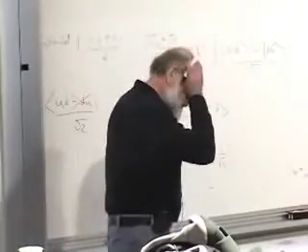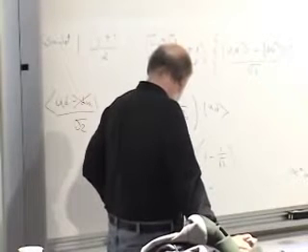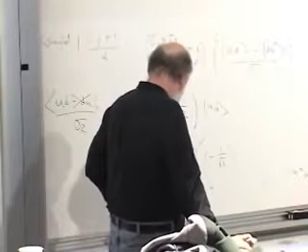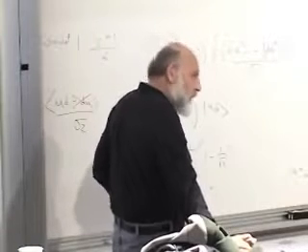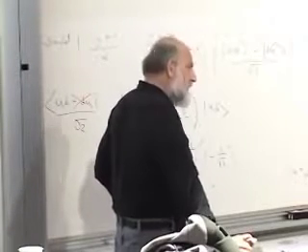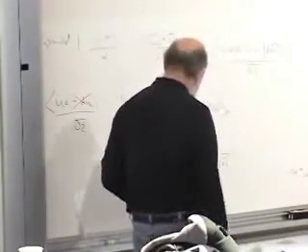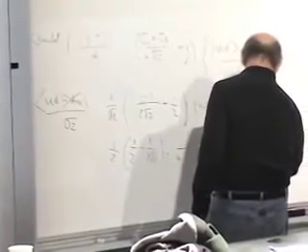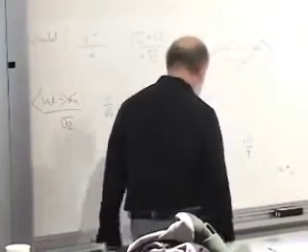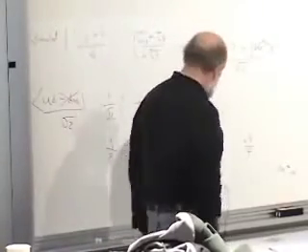All right, 1 over square root of 2 is about 0.7, right? 1 over square root of 2 is 1.4. 1 over 1.4 is about 0.7. 1 minus 0.7 is 0.3. So this is 0.3 over 4. How big is that? 0.075? 0.075, right?